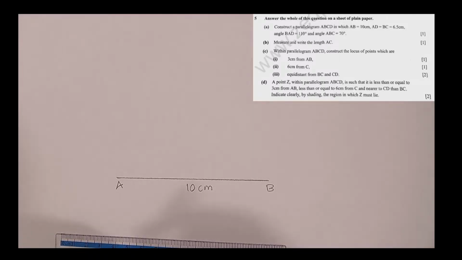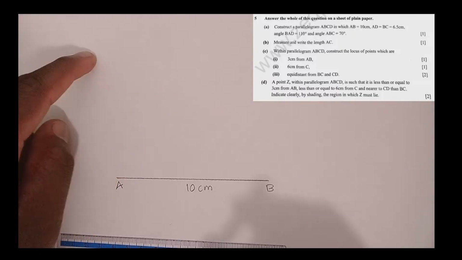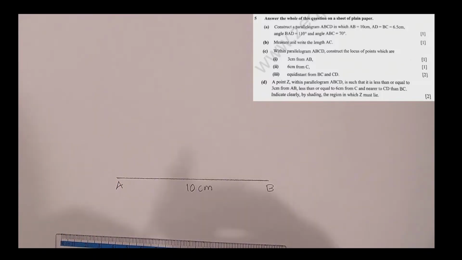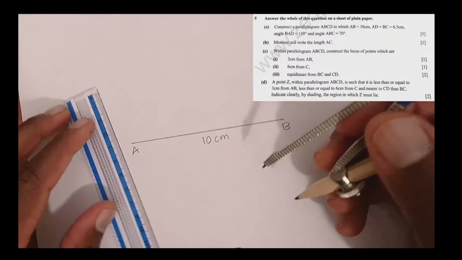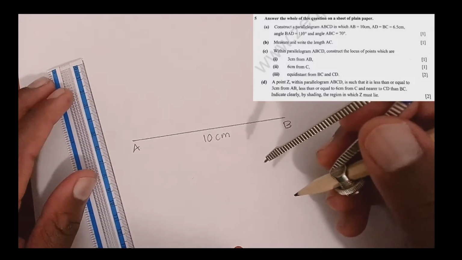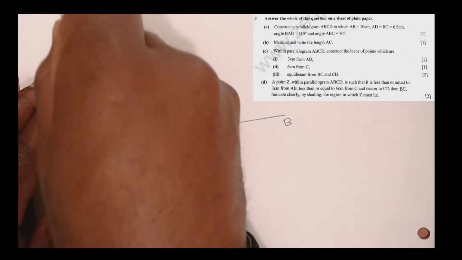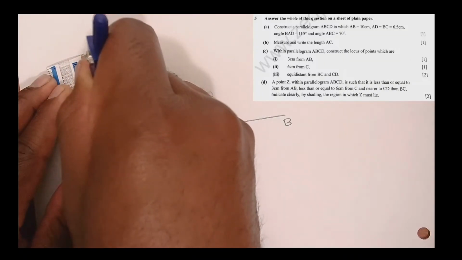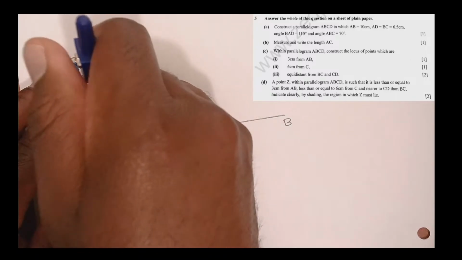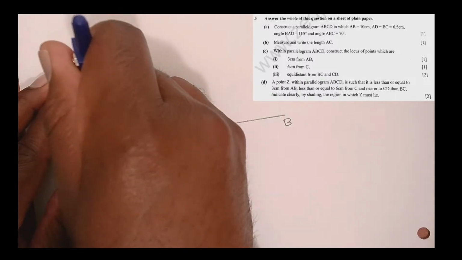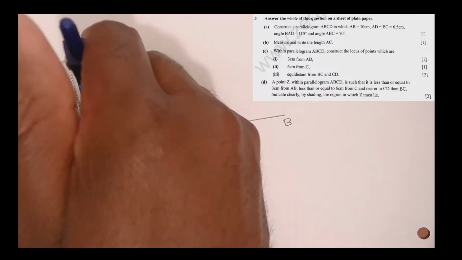Then what we know is that AD, from A to D, is 6.5, which is the same as BC. So let me go ahead and carry 6.5. So this is my 0, that is my 6, and my 0.5 is right here. A little bit more, a little bit less, more. Okay, yeah.